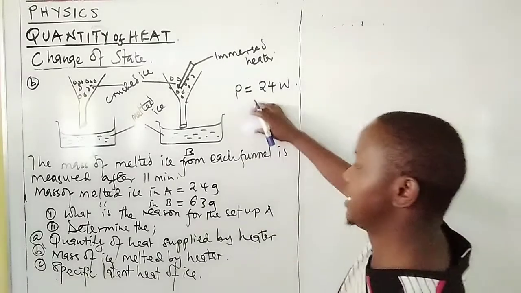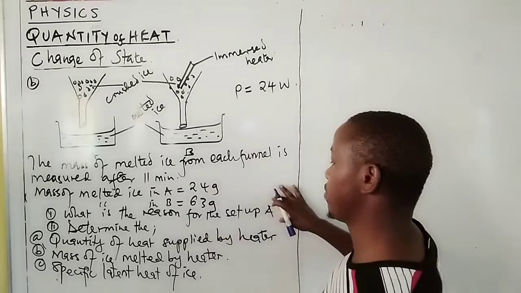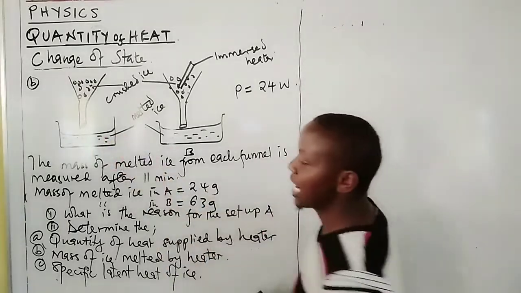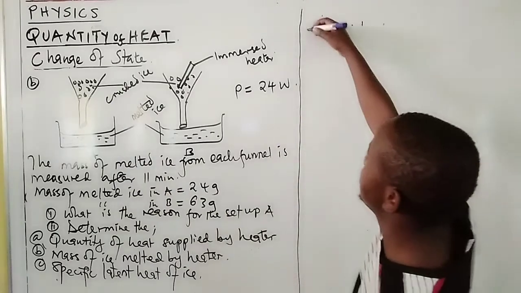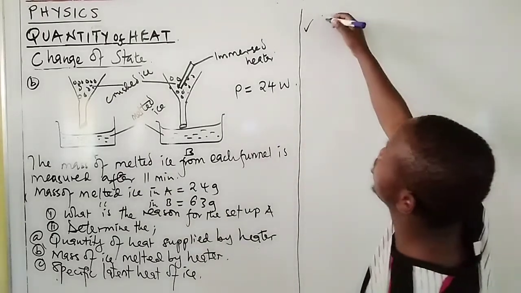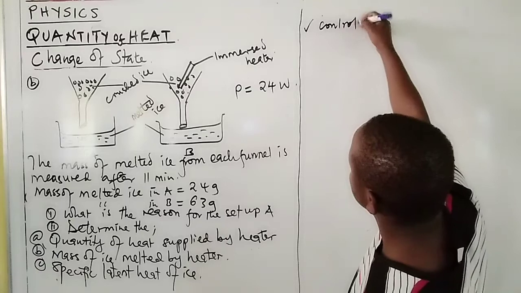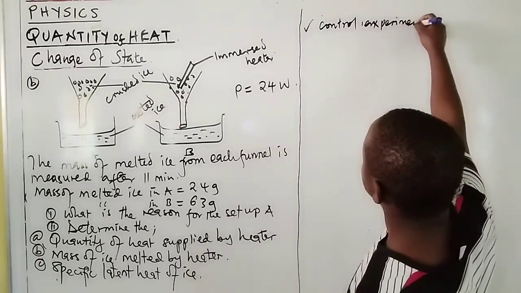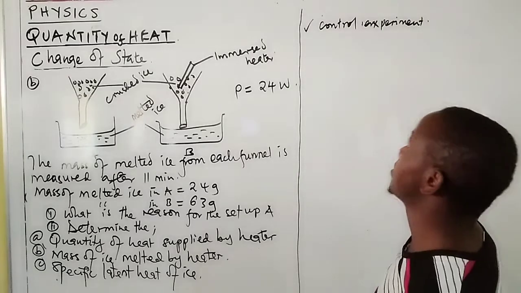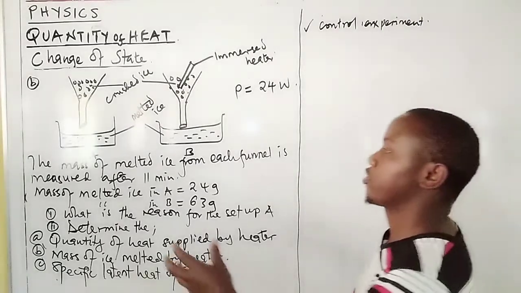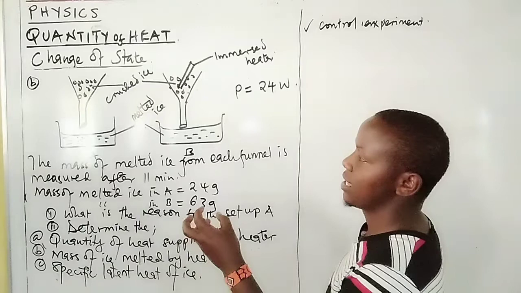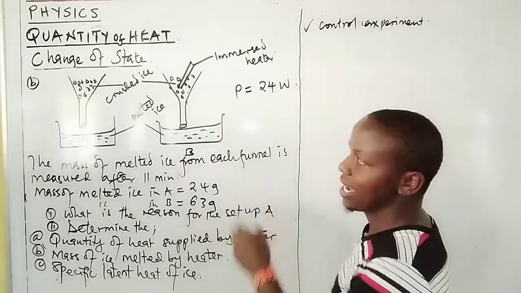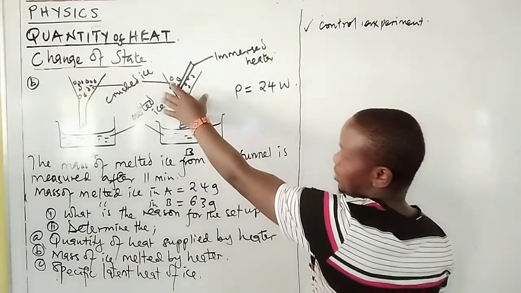Then in this setup, we are asked, what is the reason for setting up A? A is set up as a control experiment. This control setup is to give us the amount of ice which could have melted naturally without the electric heater.